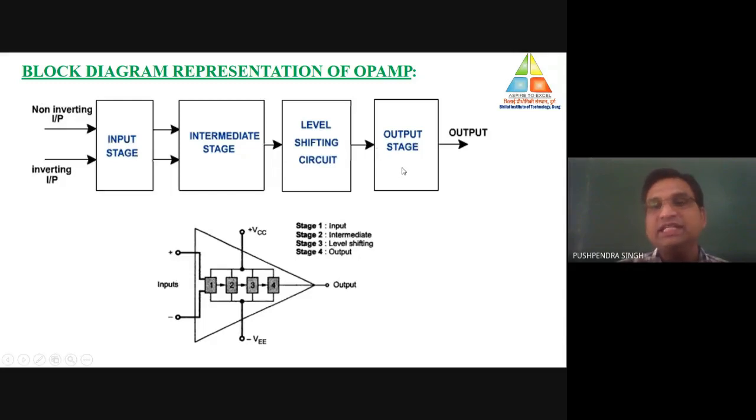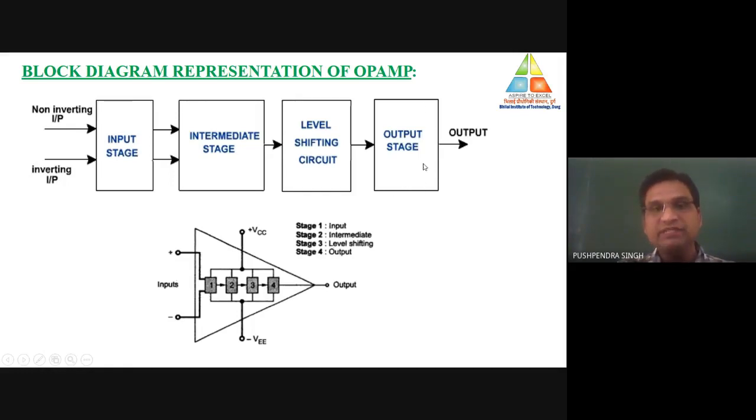Then the fourth stage is the output stage. The basic purpose of the output stage is to provide 0 output impedance with proper swing in output voltage and proper sourcing and sinking of the signal. These are the requirements of the output stage, and these requirements are fulfilled completely with the help of a push-pull amplifier.